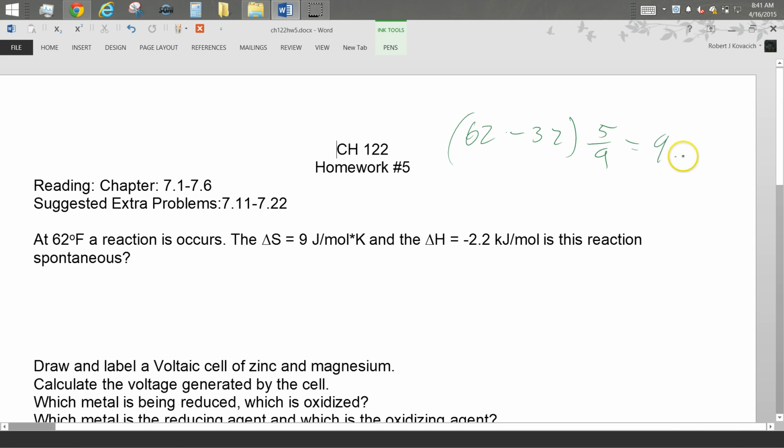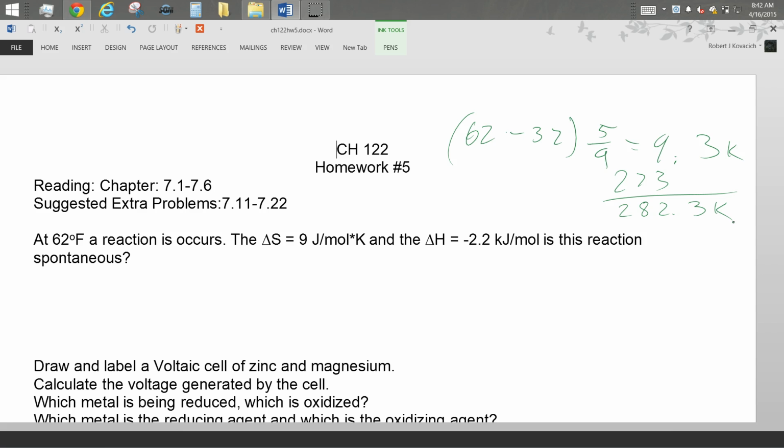So that's, say, 9.3. Okay. And then 273. So 282.3. Okay. And then what's the other thing we need to do?